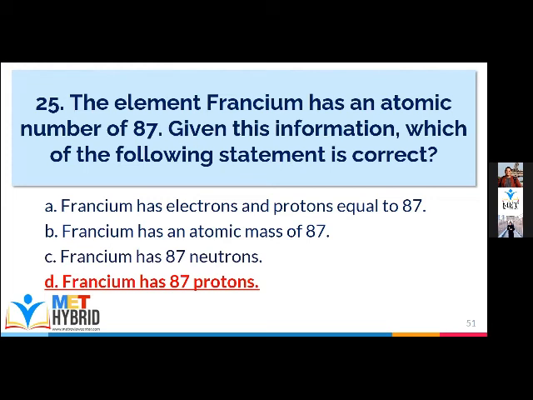Here, in this particular question, we cannot determine the number of neutrons because it is not given. We are only given the number of protons. Then, for letter D, this is our correct answer because, once again, the atomic number is the representation of the number of protons. Protons plus neutrons, that's atomic mass. Okay. So for 25, the answer is letter D.